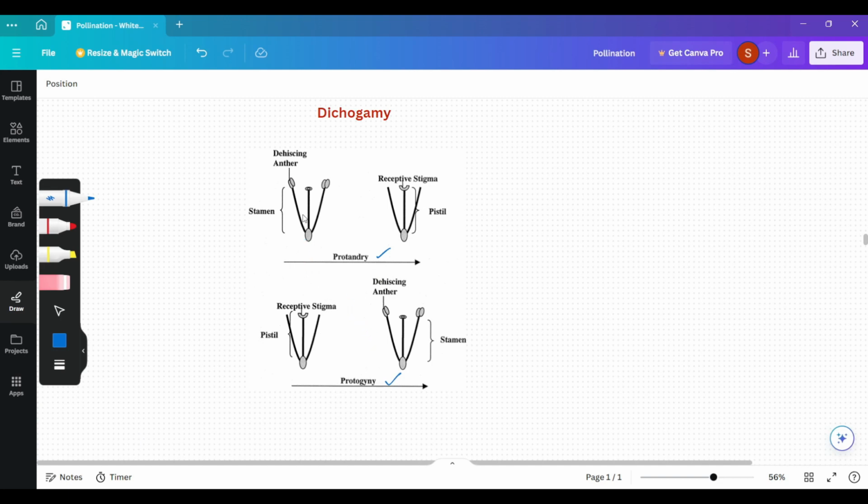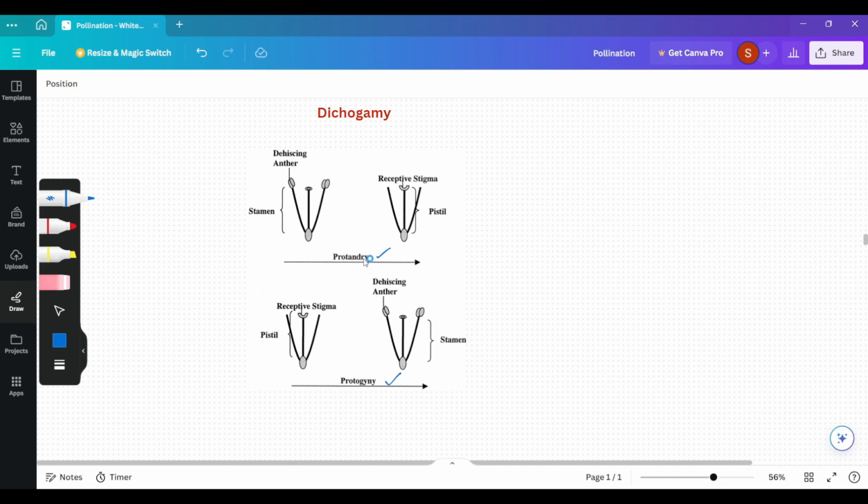Protandry is the condition where the stamens mature earlier, before the stigma becomes receptive. So you can see the anther is dehiscing and the pollen grains are released while the stigma is still underdeveloped. Once the stigma becomes receptive, there is no pollen in the same flower.